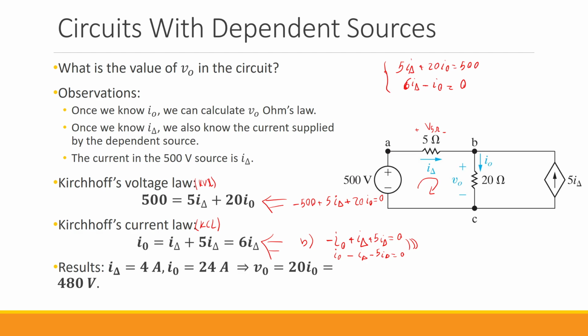The easiest way to solve this is to say I0 equals 6 I delta, and then replace this in the above equation: 5 I delta plus 20 multiplied by 6 I delta equals 500.